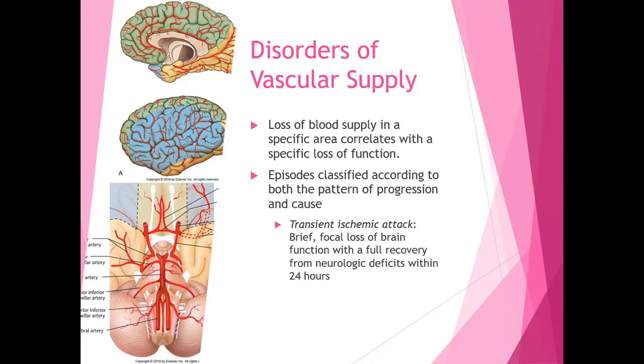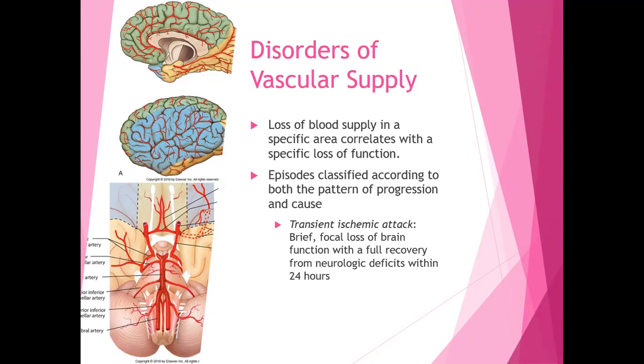Ischemia means some place is being deprived of oxygen, and attack is obvious. So it's sort of analogous to angina pectoris in the circulatory system. A coronary artery is partially blocked and you get chest pain. With a transient ischemic attack, you get neurological deficits from a cerebral artery being partially blocked.